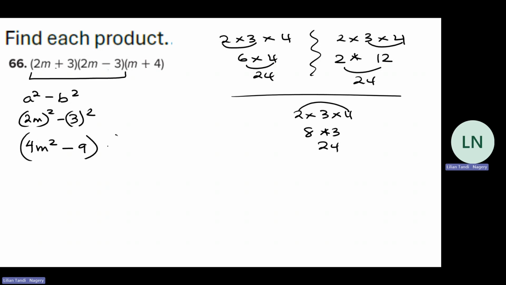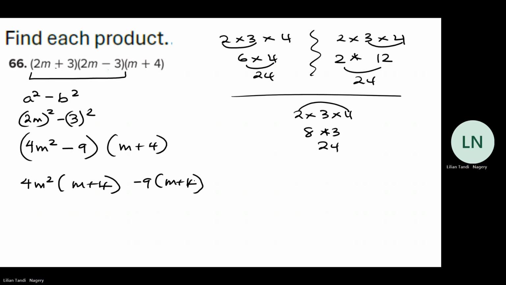Now this I will multiply with m plus 4. So I will do distributive property. 4m squared times m plus 4, -9 times m plus 4. Okay? Then I distribute my coefficient inside my parentheses.